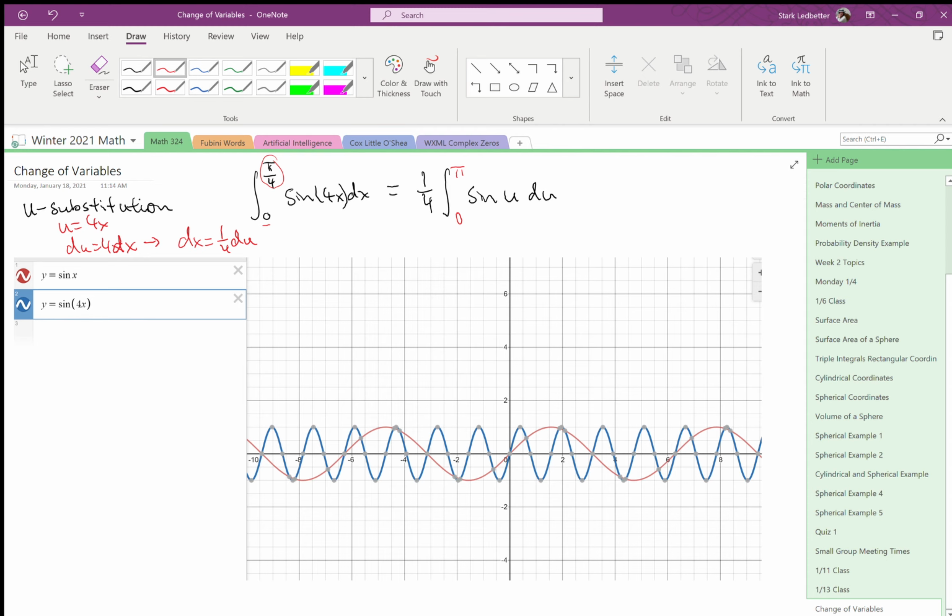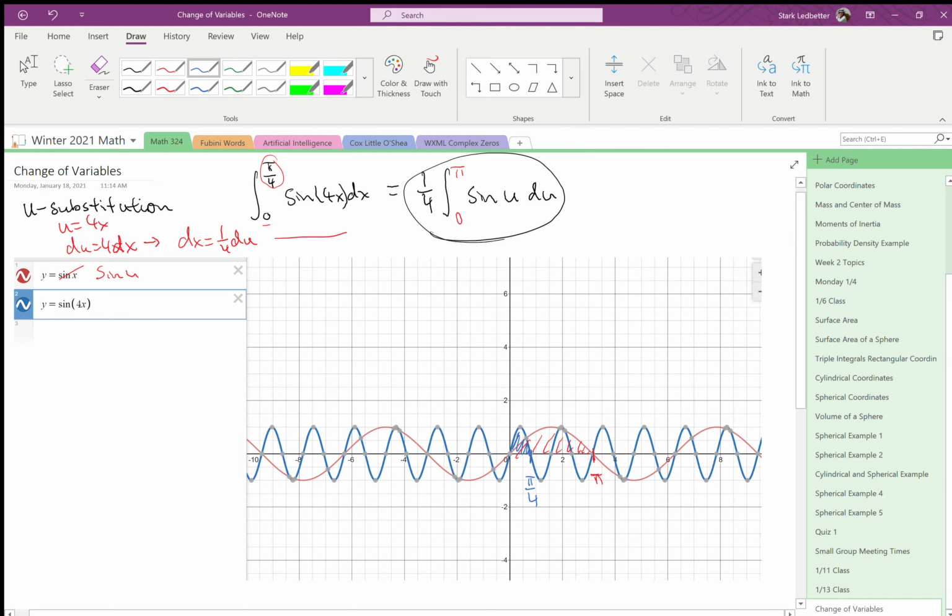So this top curve is y equals sine x, or maybe y equals sine u. And what this says is I know how to find this integral: the area under the curve y equals sine u from 0 to pi. I didn't know how to find at the beginning this integral, which is the area under the blue curve from 0 to pi over 4 of sine 4x.